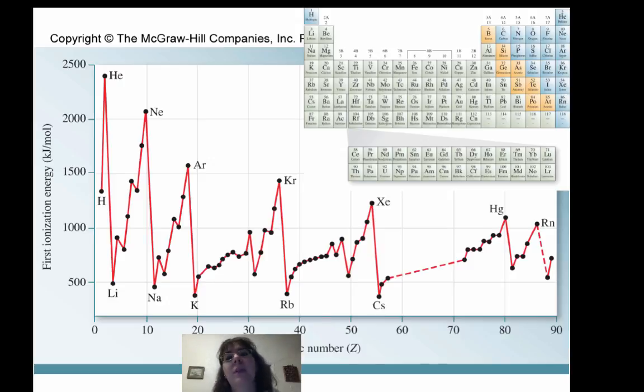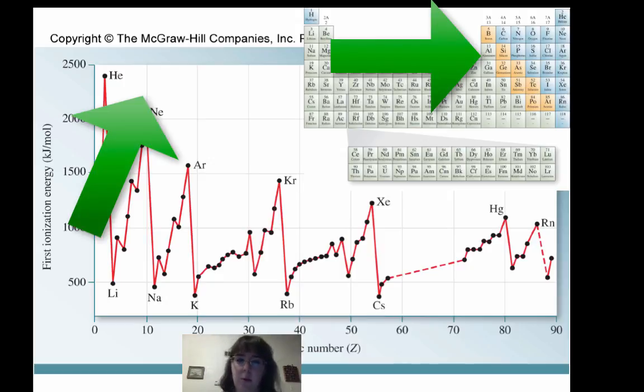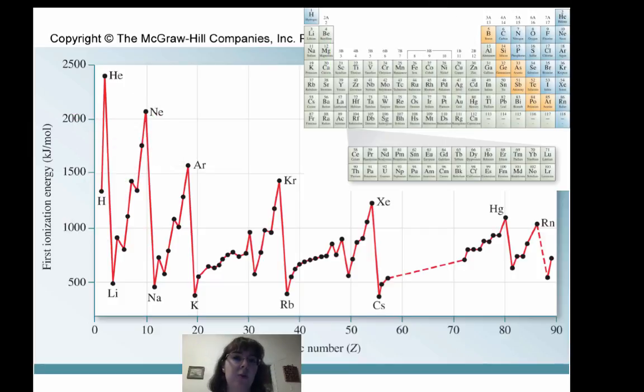What's happening? As we go across the periodic table, if you look down, we go from lithium up to neon, going across the periodic table. As we go across, the energy is greater. Higher ionization energy means you're putting more energy in to remove the electron. So the greater the ionization energy, the harder it is to remove the electron.